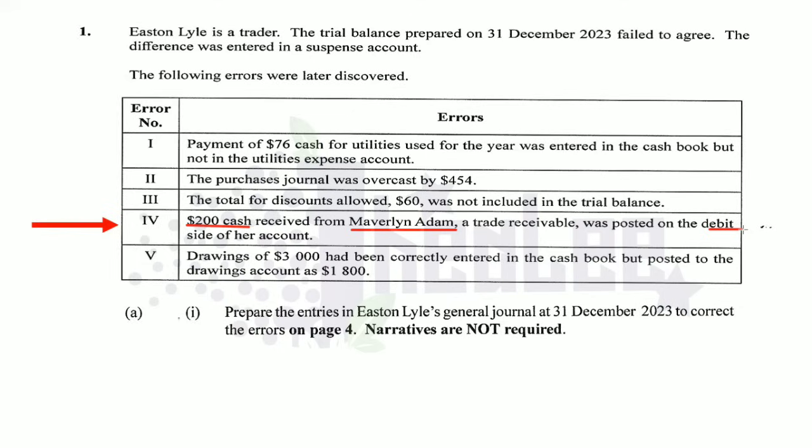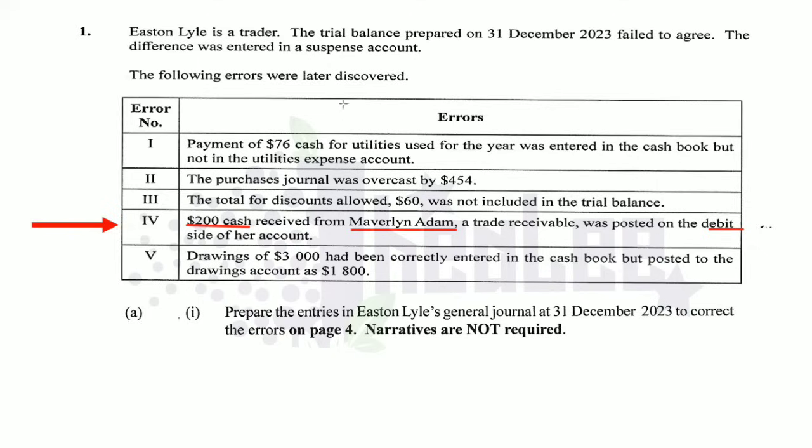Now, when you place that 400 on the credit, 200 from that 400 would cancel the 200 that was placed on the debit, and then we're going to end up with the actual 200 that we should have on the credit side. So remember, once there's a reversal of entry, to make the correction, you have to put the entry on the opposite side, on the correct side that it should have been placed on, but you have to double the amount. Again, only half of the double entry was not posted accurately.